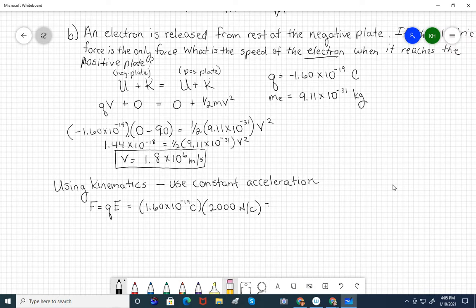So it felt a force with a magnitude of 3.2 times 10 to the negative 16 newtons. Directionally, it was to the left, the way we drew the picture, toward the positive plate.